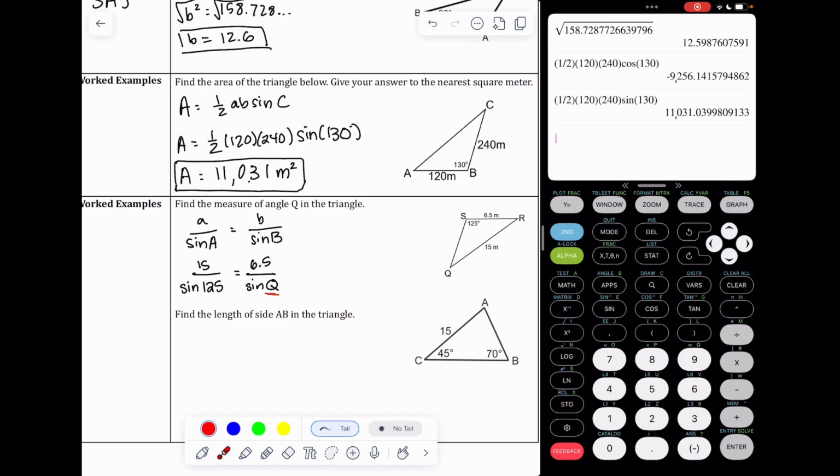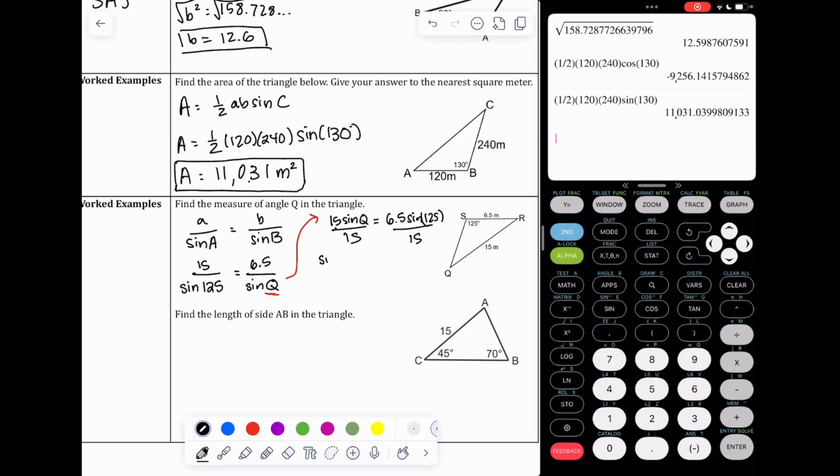So if we're going ahead and solving this, when we've got fractions equaling fractions, we are in a good position to cross multiply to get to our next step. So we've got 15 sine of Q is equal to 6.5 sine of 125. And then to get Q all by itself, I'm going to divide each side by 15.